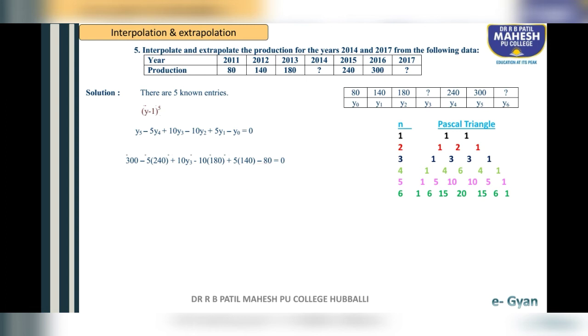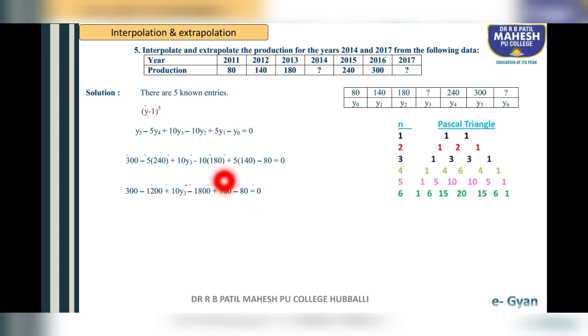After solving this, 300 as it is, minus 240 into 5 is 1200, plus 10 y3 as it is, minus 10 into 180 is 1800, plus 5 into 140 is 700, minus 80 is equal to 0.